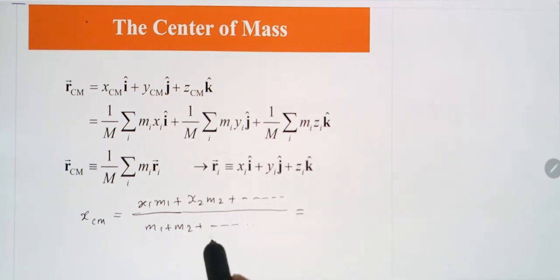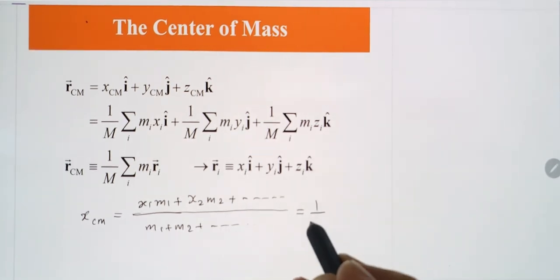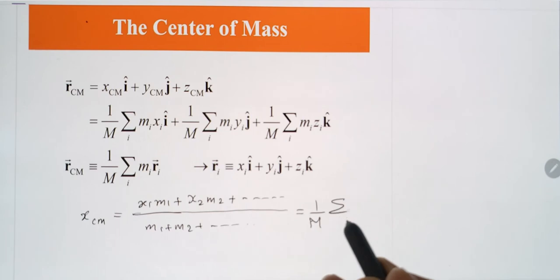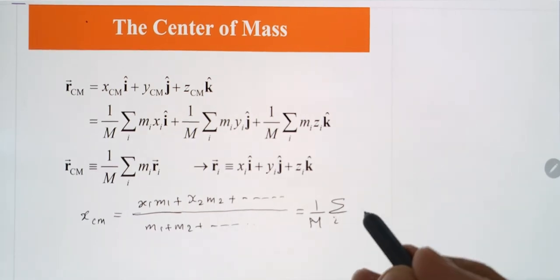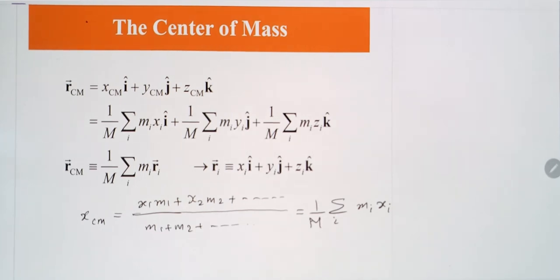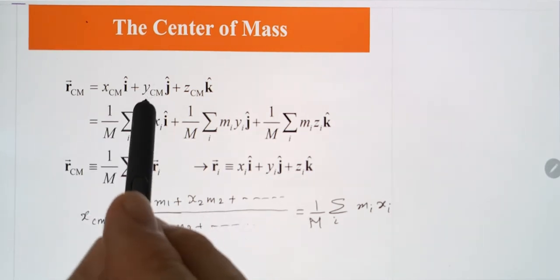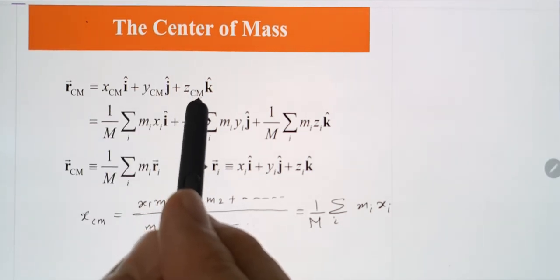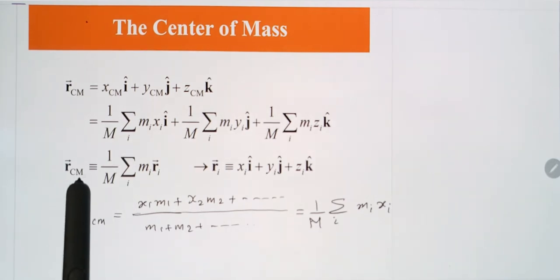And we said all those m's give 1 over total mass, and then we have the summation of mi xi. Basically we add the X component plus Y component plus Z component, and we end up with an R for the center of mass.